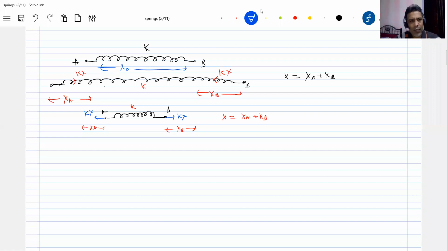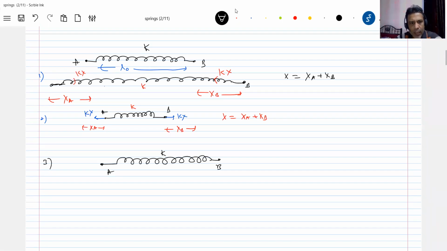Okay, now there's the first case. You see now a situation arises for you like this. Compared to this, so end A. Okay, now I'll make the end A undergo displacement.